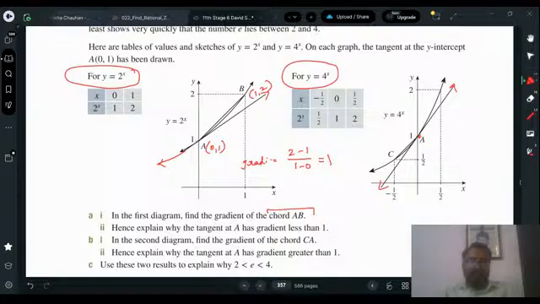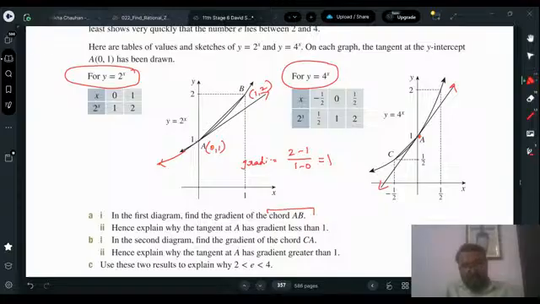The slope of the tangent line is also the same. And hence explain why the tangent at A has a gradient less than 1. At A, the gradient is less than 1. In the second diagram, find the gradient of chord CA.